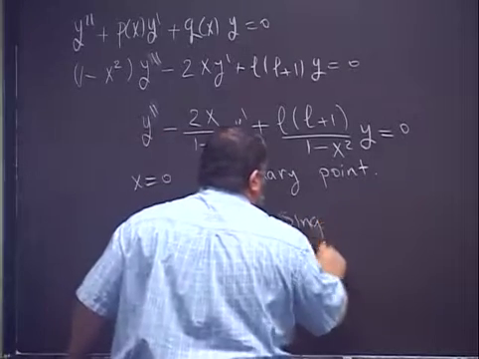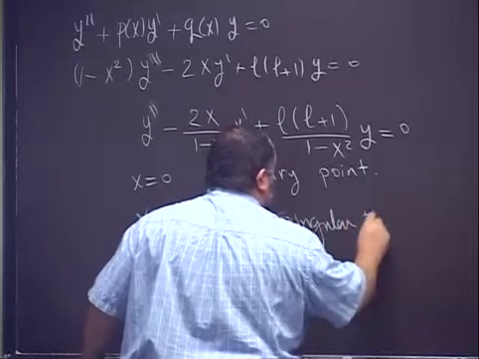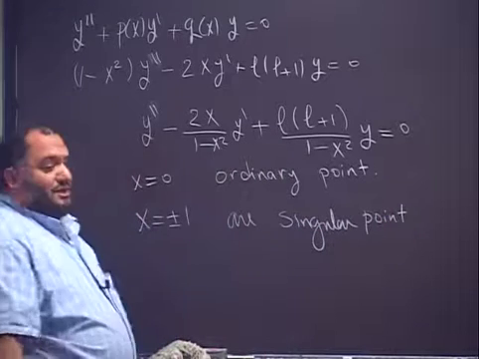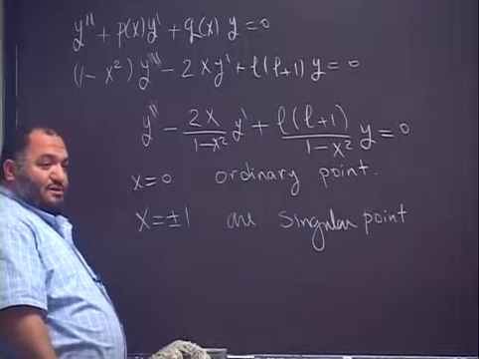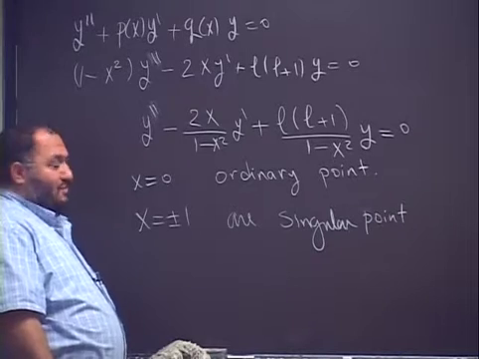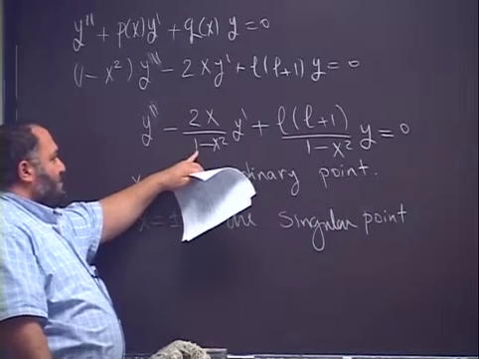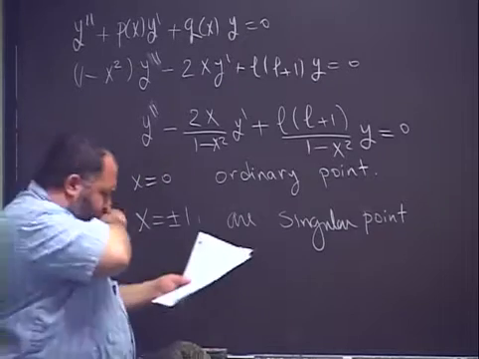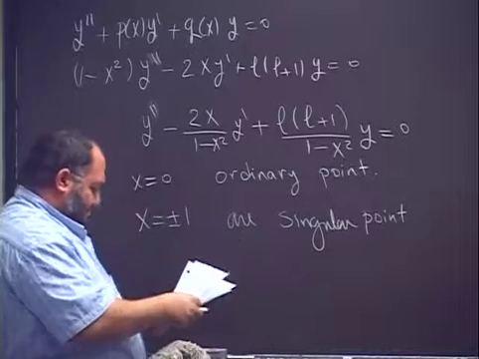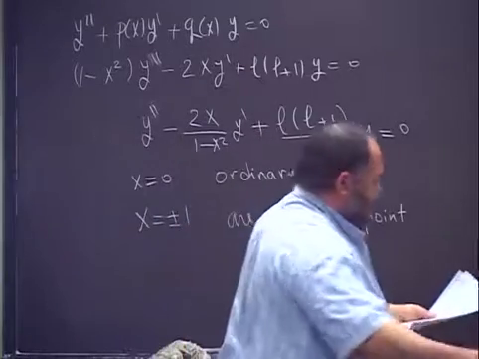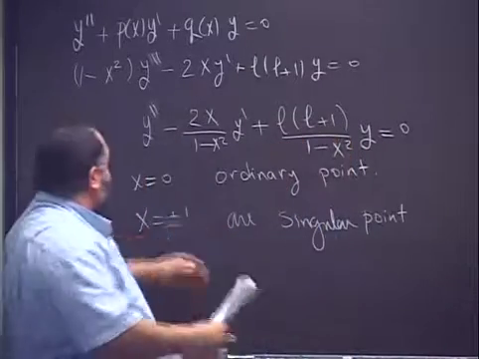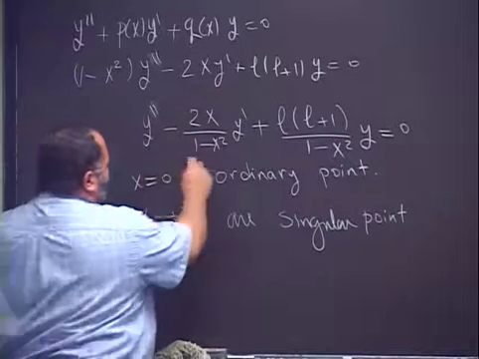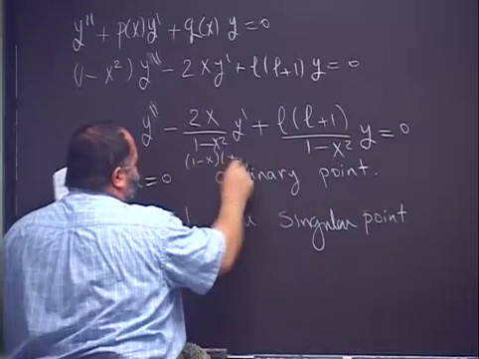Then we stated that x equal to plus or minus 1 are singular points, but are they essential singular points or regular singular points? Regular singular points. Why? Because if you multiply this term by 1 minus x, this would be 1 minus x multiplied by 1 plus x.